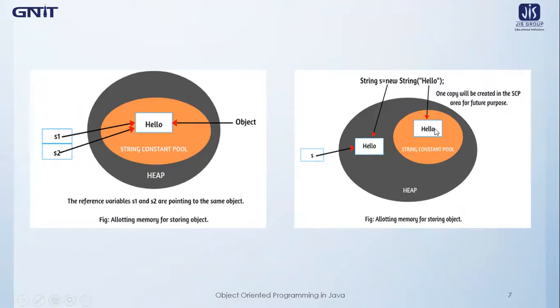This is the object for future purposes. There is no explicit reference variable pointing to this copy of the object. This copy inside the pool is not being referenced by any reference variable of the string class, but internally JVM maintains the reference variable implicitly.